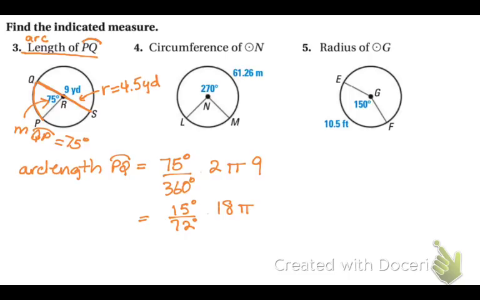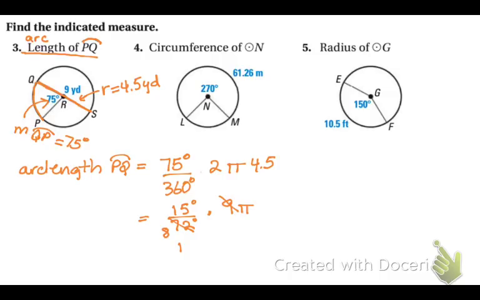Okay, so, 4.5, okay, and 2 times 4.5, as we know, is 9. Okay, so I have 15 over 72 times 9, so, okay, 9 goes into 72, 8 times, sorry.